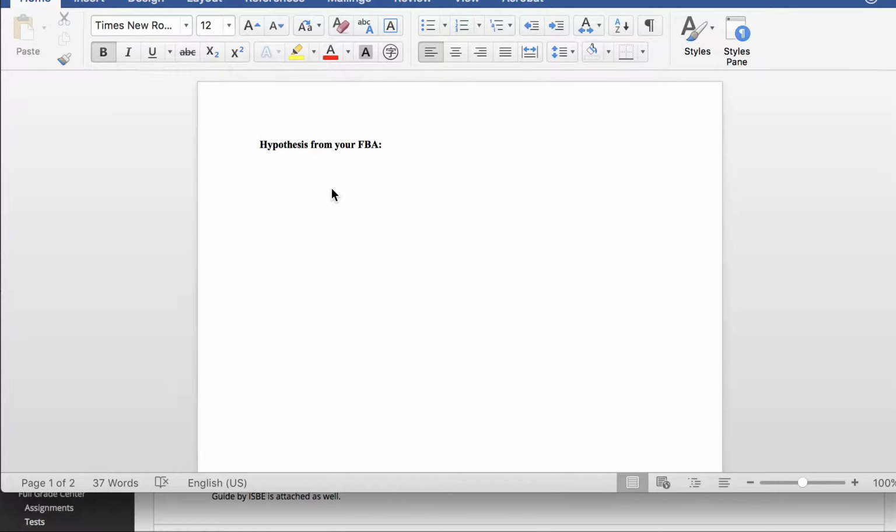So your hypothesis must include the setting events, antecedent, behavior, consequence, and possible function of the behavior. So you will come up with a short hypothesis about the behavior. If you need an example, I will upload an example so you can take a look at it.